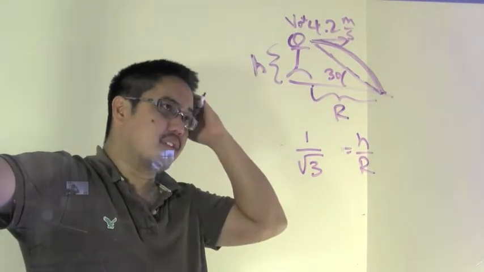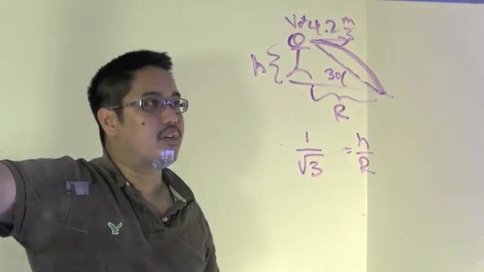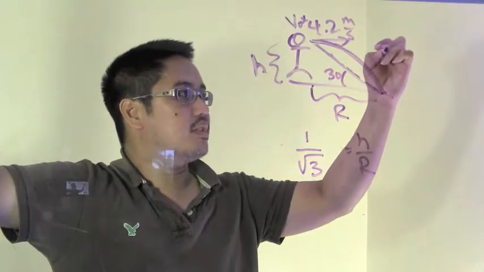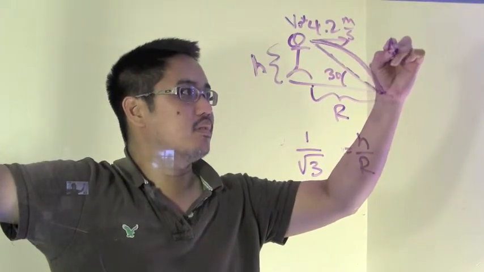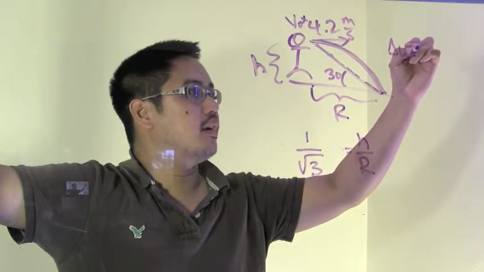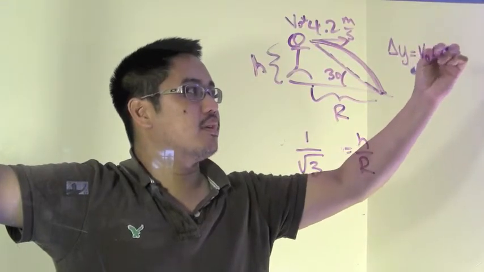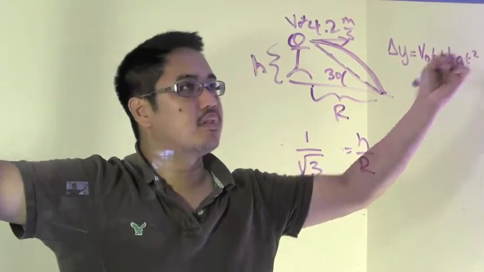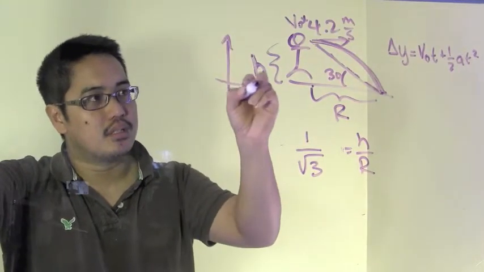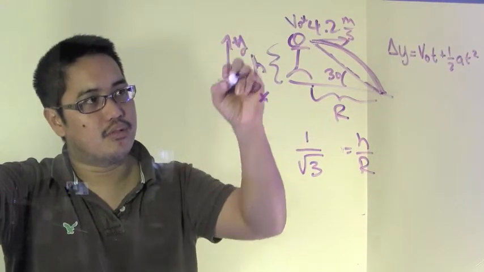Okay. Alright. So let me figure out the y value as a function of time. The y value is that same old delta y equals v naught t plus 1/2 a t squared. I'm going to make sure I get a good coordinate system on this. So I have a positive x, positive y direction over here.